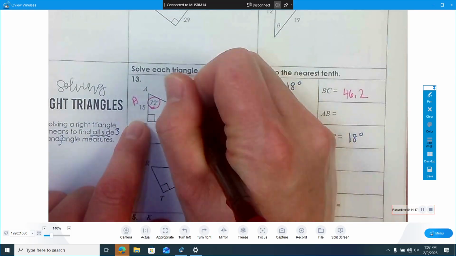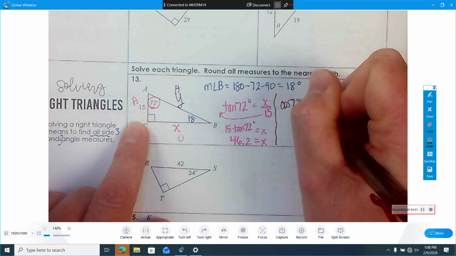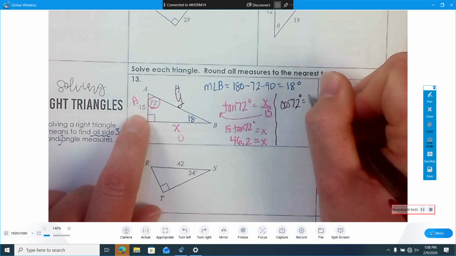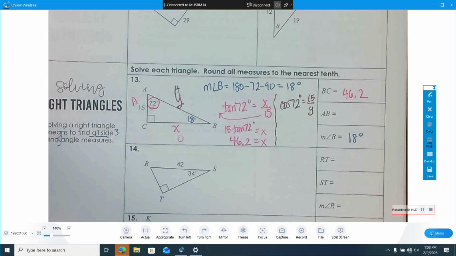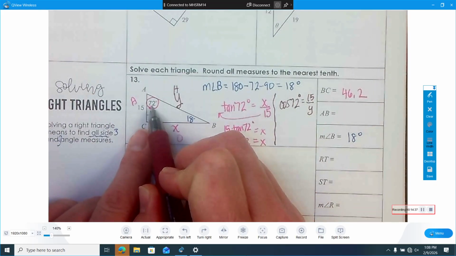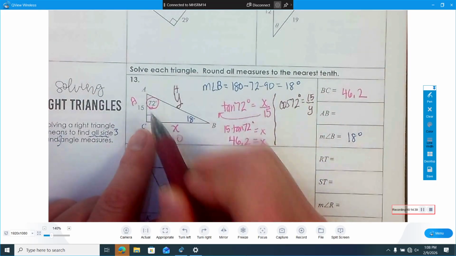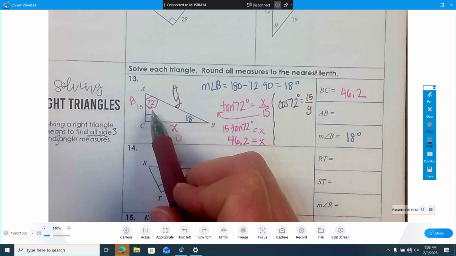So I can use, because this is adjacent and hypotenuse, cosine of 72 degrees is adjacent over hypotenuse. So how do we solve for Y? Because I'm looking from 72, yeah. So I'm always going to use the angle they gave because it is free from mistakes.